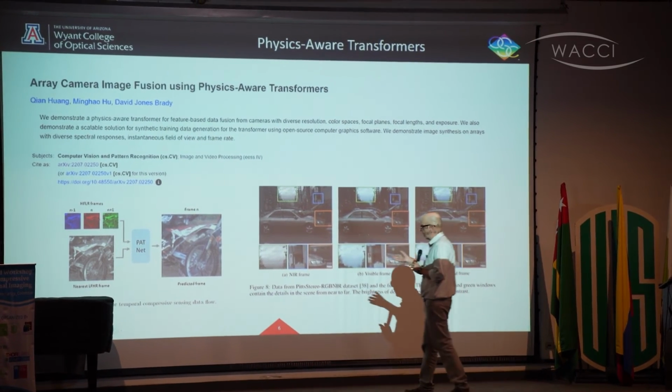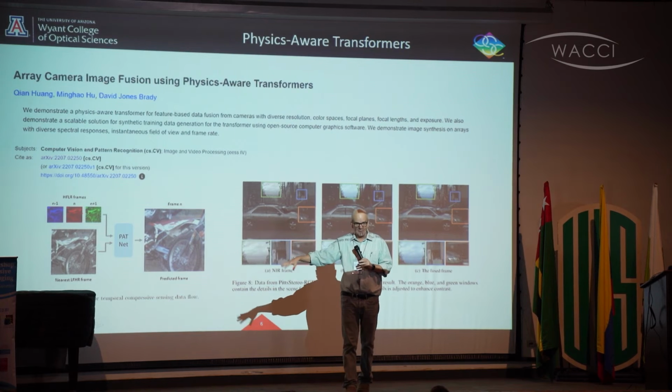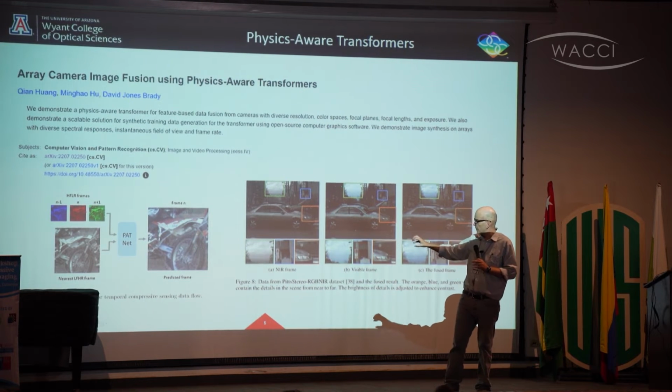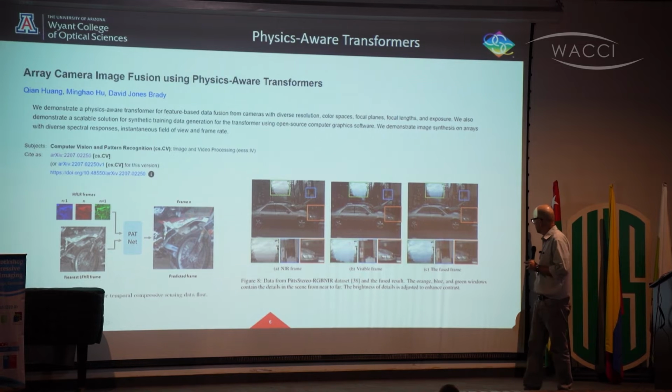An example of what we do with these systems is we have a monochrome, high resolution, low frame rate image, and low resolution color images, and we combine those to generate high resolution, high frame rate color images.